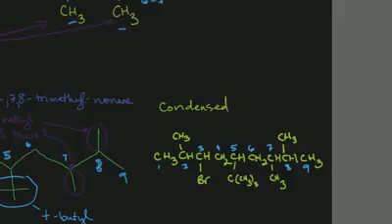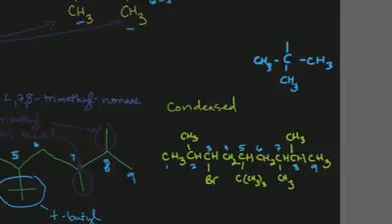So there's 2, 7, and 8, right? And then there's a t-butyl group, which is basically a carbon that's got 3 methyls surrounding it. And then that's attached to the main chain as a substituent.